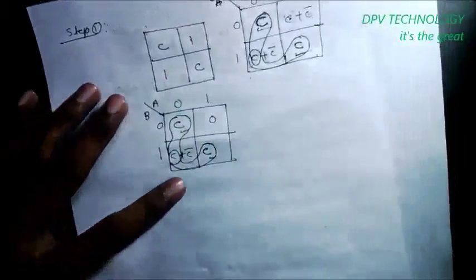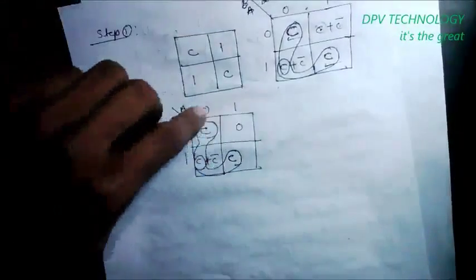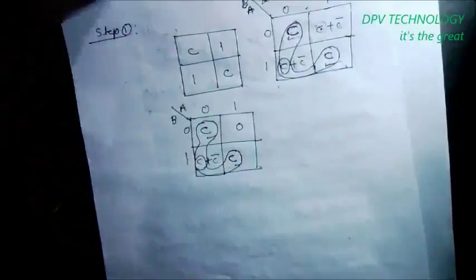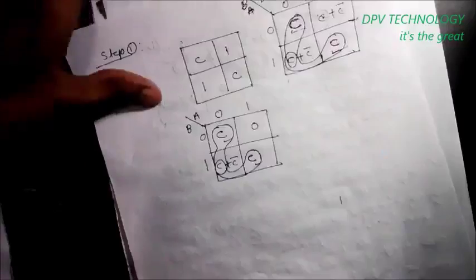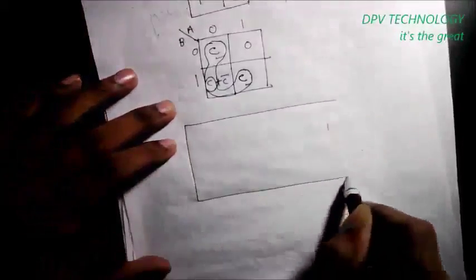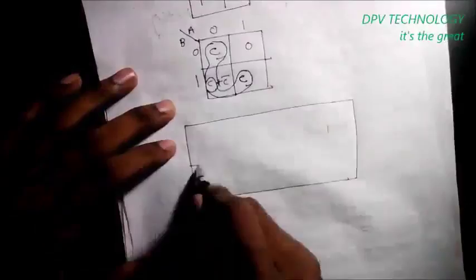So before going to step 2, that is how to read the grouped variable, I want to give one more example of how to group these MEVs, a 3 variable example. Let's see. So here we have one example of a 3 variable VEM.